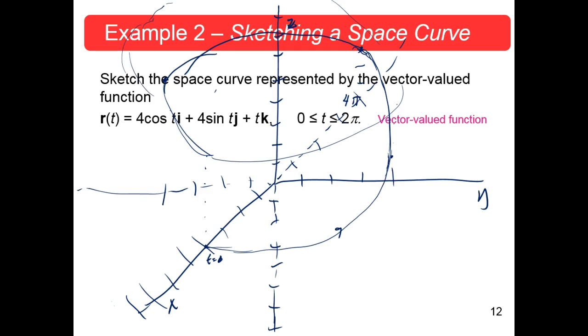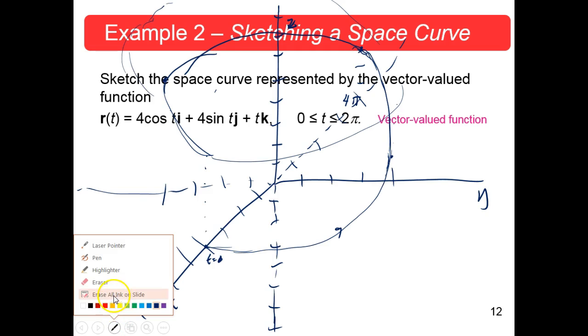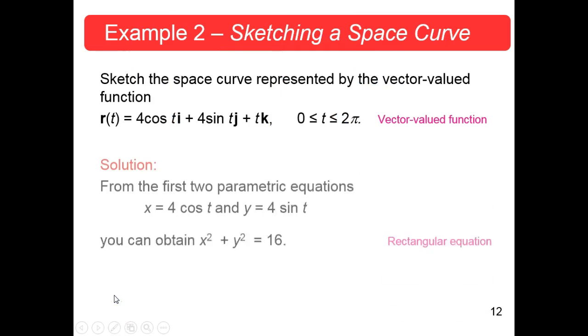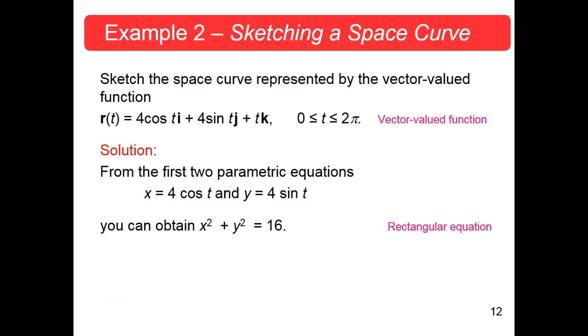Now, if I could have drawn, well, let's see. Oh, yeah, I think it'll show it here. So let me clear my mess out of the way and let you see how they did it. From the first two parametric equations, x equals 4 cosine t, y equals 4 sine t, if you squared both of those, you get 16 cosine squared t plus 16 sine squared t.